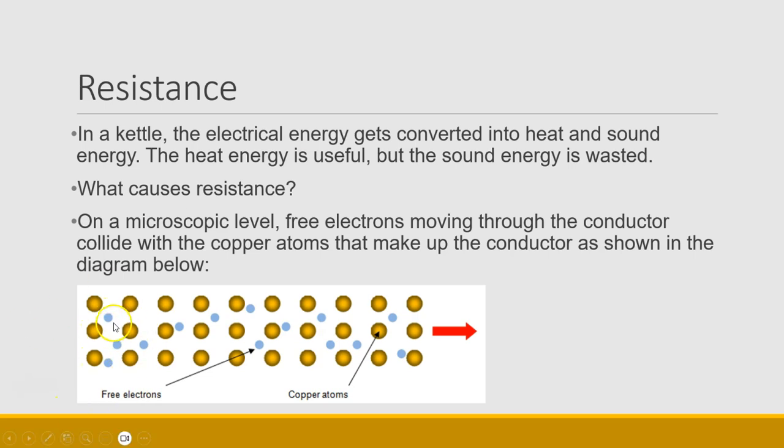So these little blue dots represent the free electrons, which are moving through the conducting wire and creating an electric current. As they're moving through the conducting material, they are going to bump into the copper atoms that make up this conducting material.